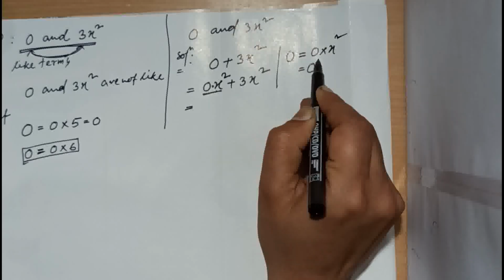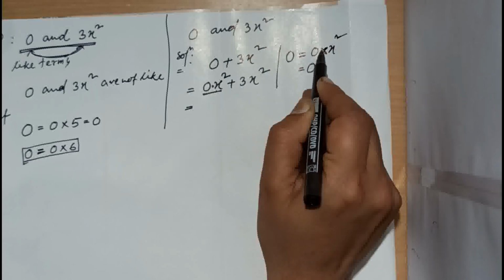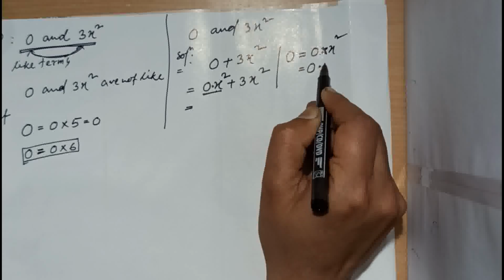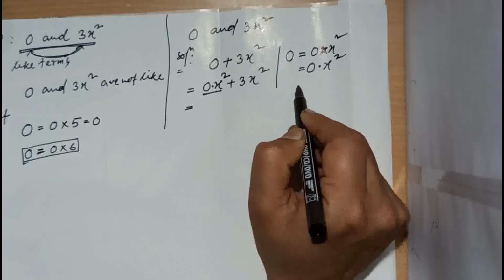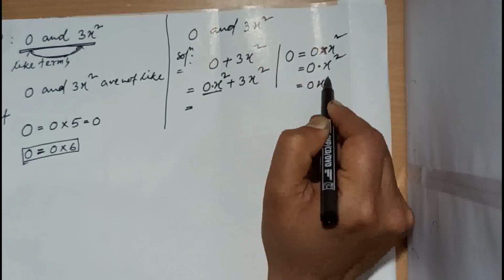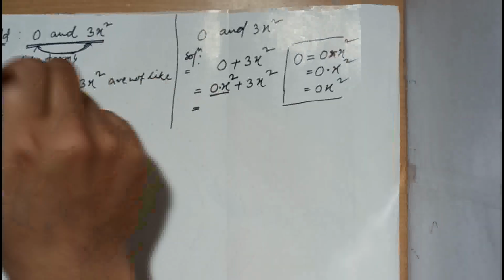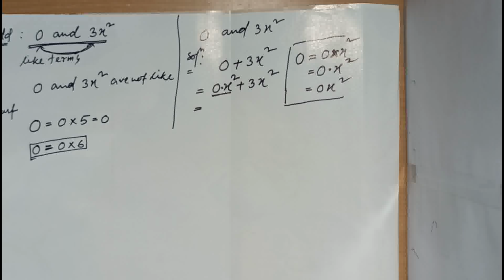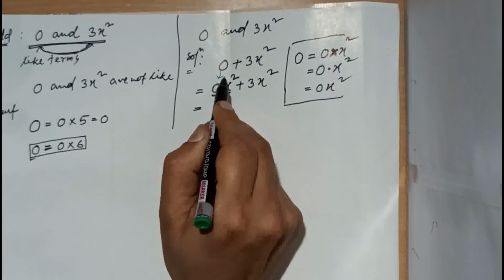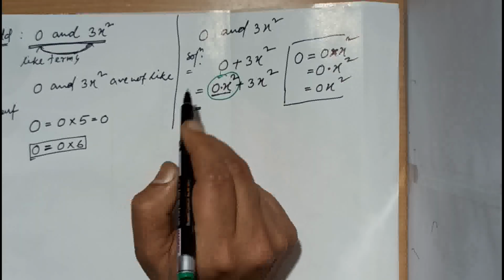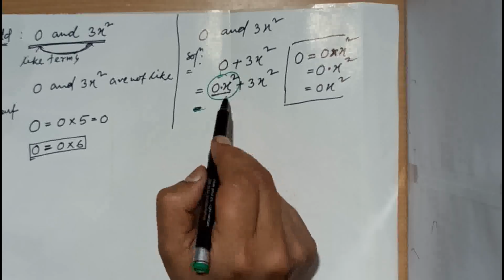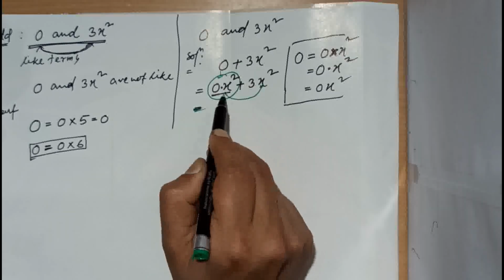In algebra generally the cross sign is not used. In place of cross sign we use dot. So 0 into x square is equal to 0x square. That means now the 0 is replaced by 0x square. Now you see, the literal coefficient is same.